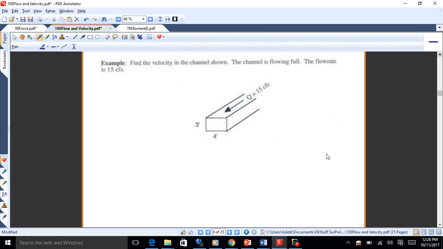How about this? We've got CFS. Now that's a common abbreviation there for cubic feet per second. And what's the velocity on that going to be? Now what you've got there is Q equals VA. That's the basic formula. You might have to rearrange that to solve for what you want if you're after velocity.